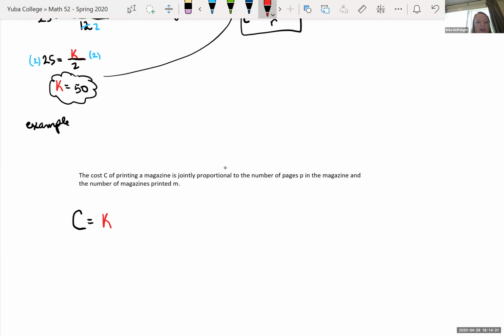It's jointly proportional, so I have some multiplication, to the number of pages, P, in the magazine, and the number of magazines printed, M, so times M.